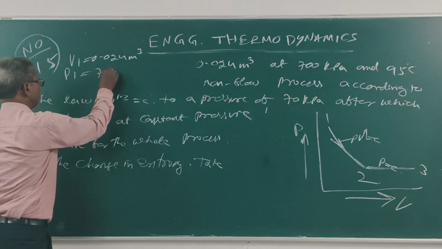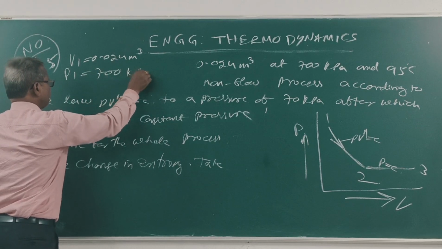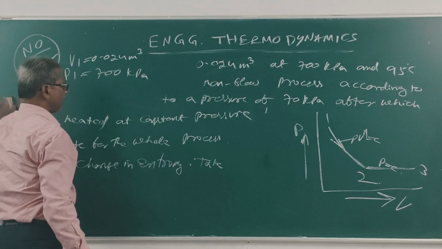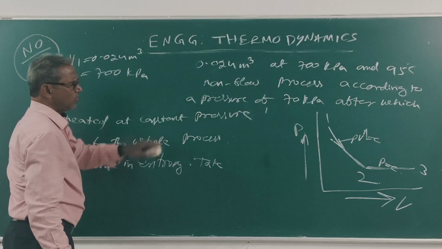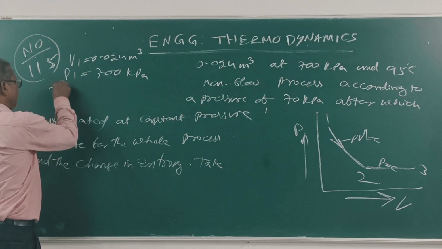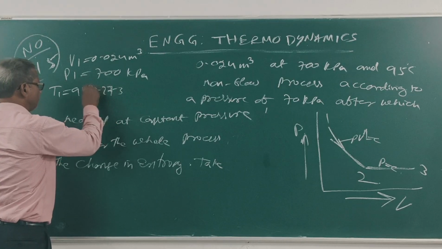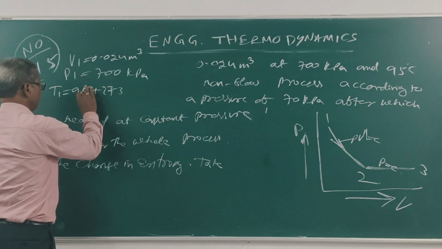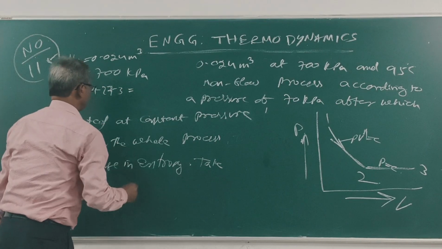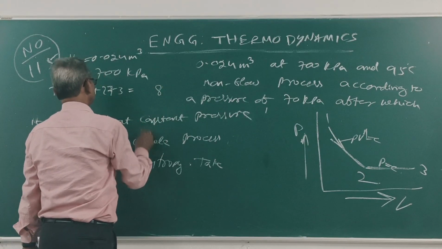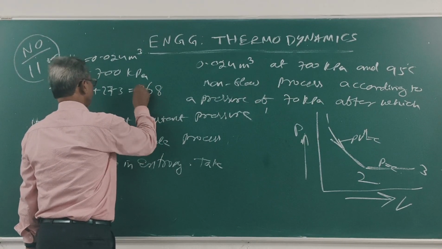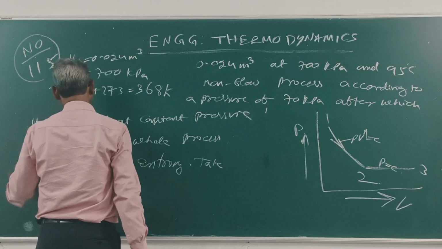P1 is equal to 700 kilopascal and temperature T1 is equal to 95 degree centigrade. T1, so 95 plus 273 is equal to 363 Kelvin. Clear?